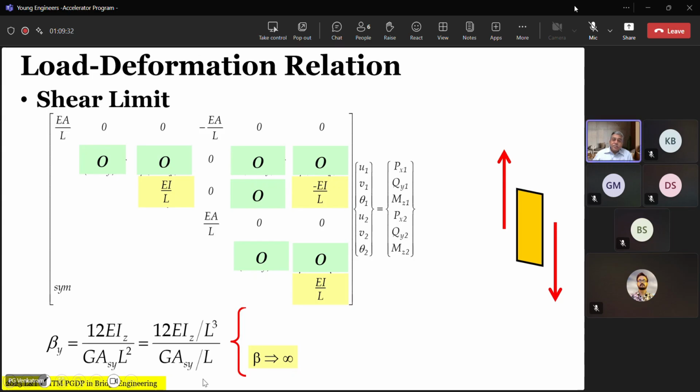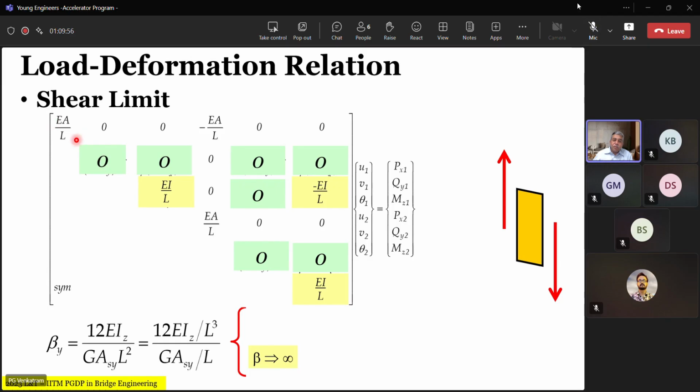Not clear? What do you see here? This and this. What are they? Zero.